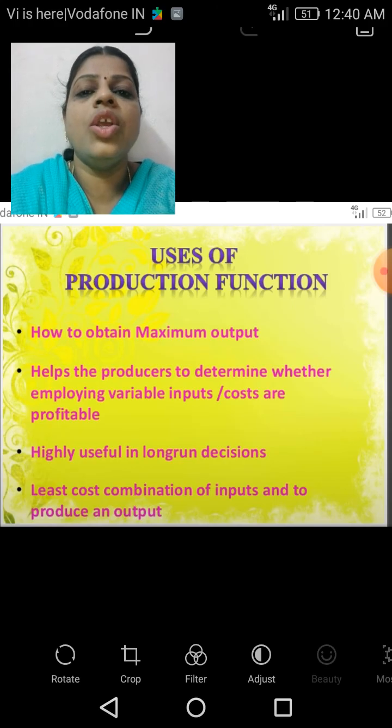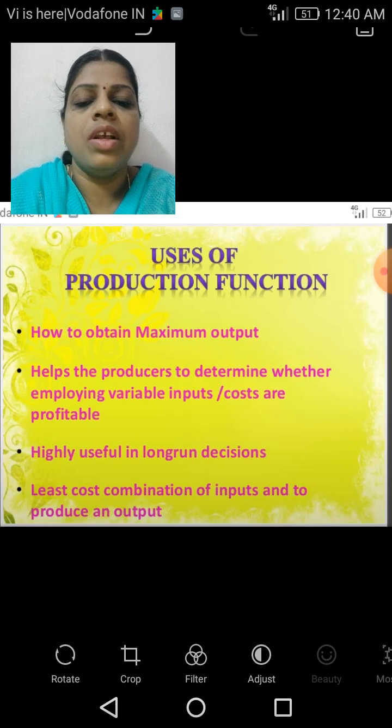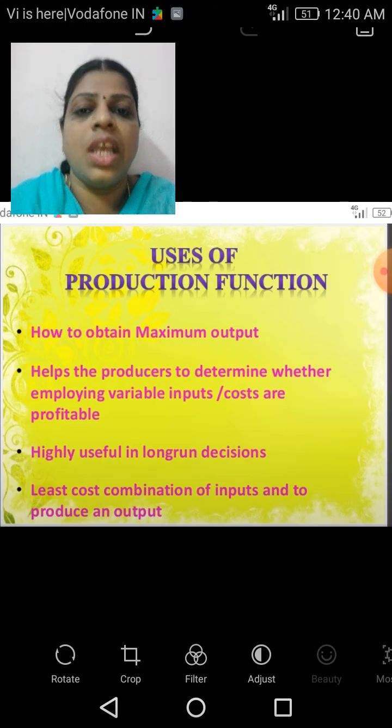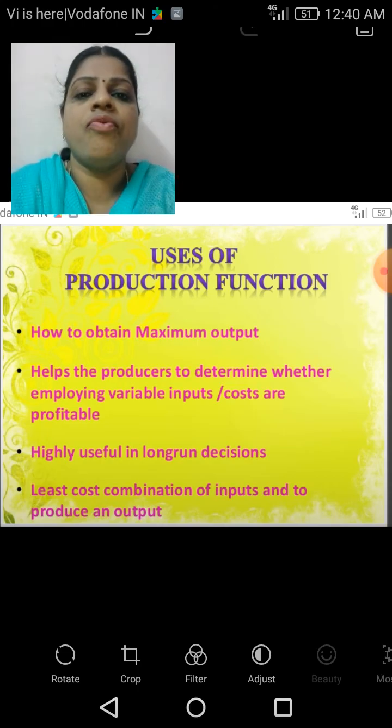Highly useful in long run decisions. Least cost combination of inputs to produce an output. So these are the 4 uses of studying the production function.